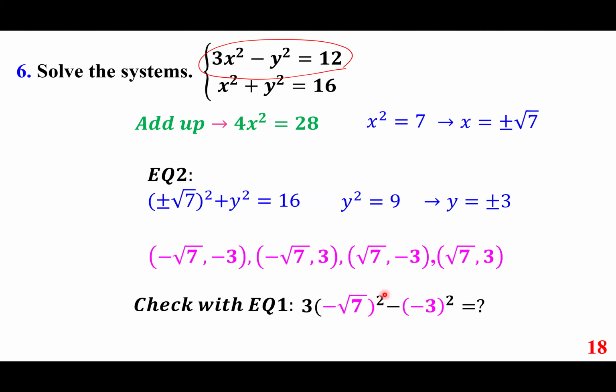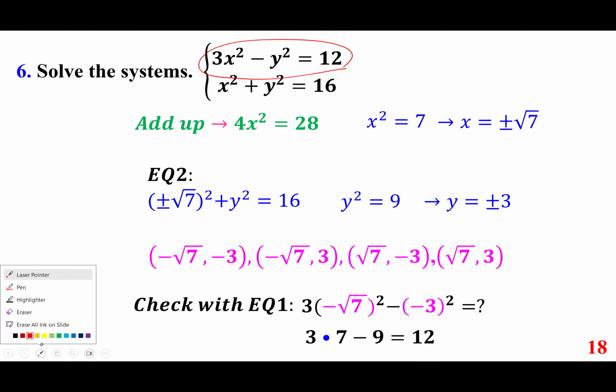This to the power of 2 is positive 7 times 3, so 3 times 7. And this one minus 9. As you know, this is 21 minus 9, which is 12. So that checks. And again, as I mentioned, we did this one, you should really look at the rest of them just to be on the safe side.